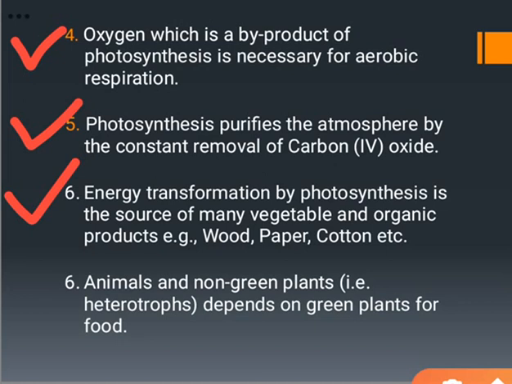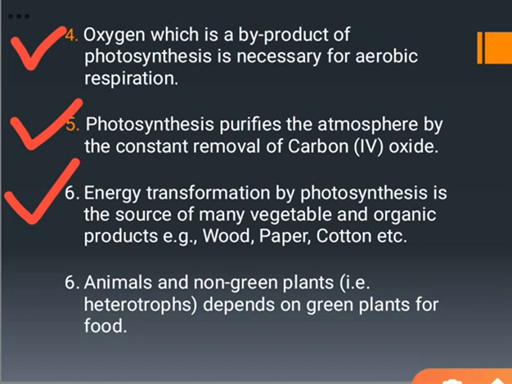What we are saying is that the process of photosynthesis gives room for the production of parts of green plants that could be used by man as organic products. It is photosynthesis that allows all green plants to develop.